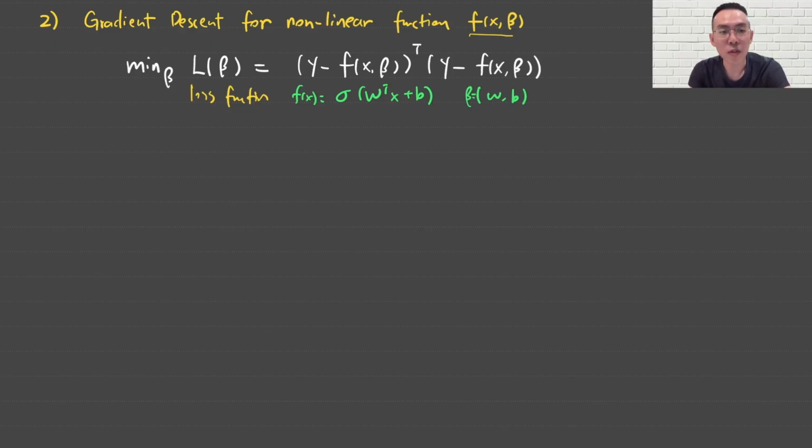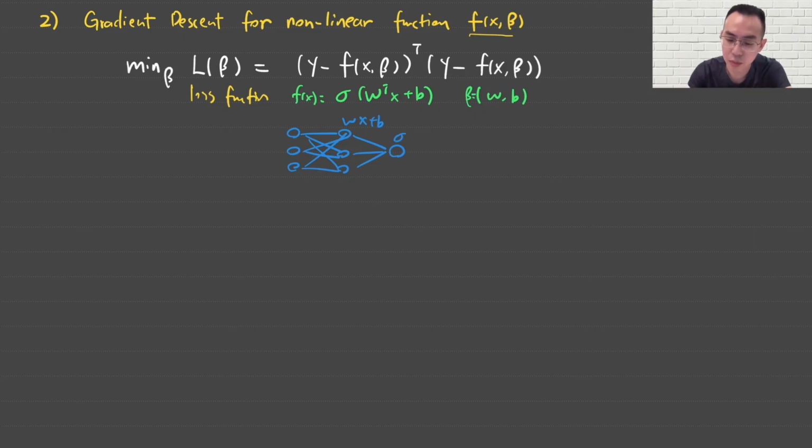Also you can just think of this problem as a neural network, right? Because the way we can draw it is that you have the input x, right? And then we just multiply by the weight vector, and then plus b, and then we pass this output through an activation sigma, right?